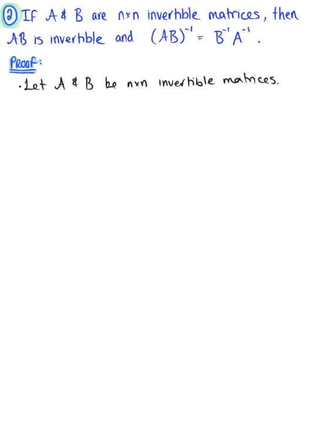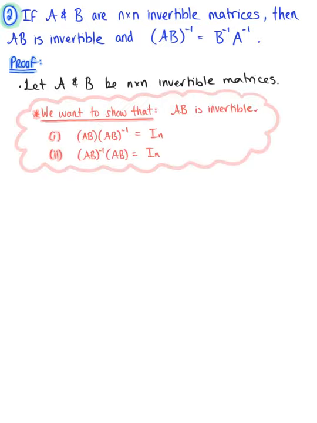So, what exactly is it that we want to show? Well, we want to show that matrix A times matrix B is invertible. So we need to show, again, two things. We need to show that matrix A times matrix B multiplied by the inverse of this product is the n by n identity matrix.